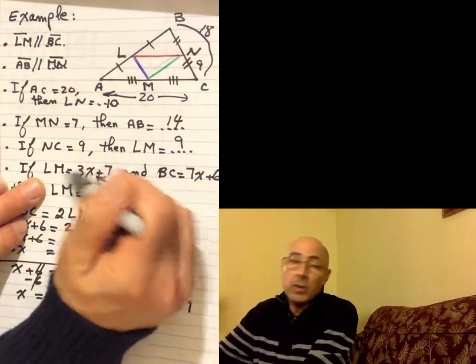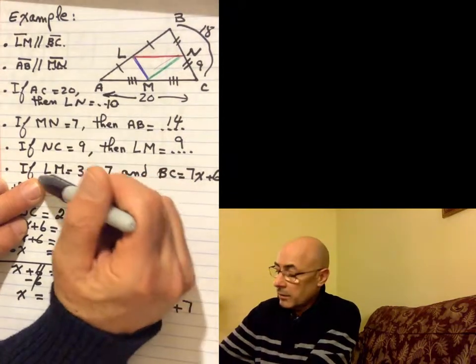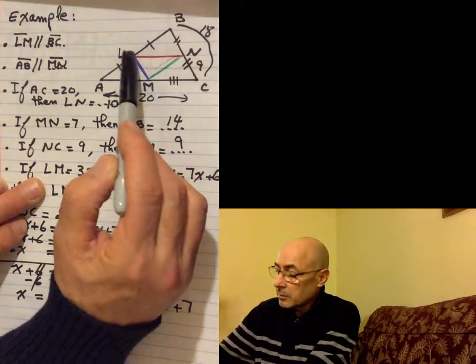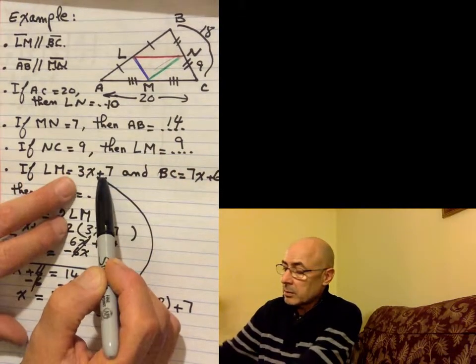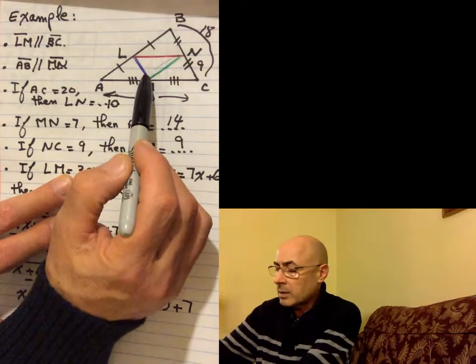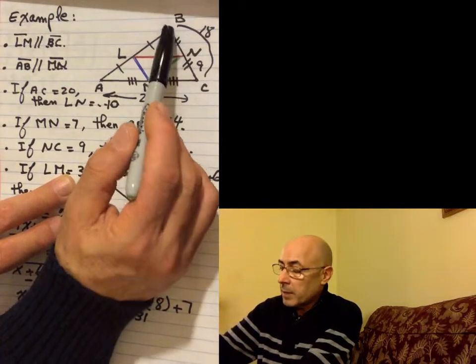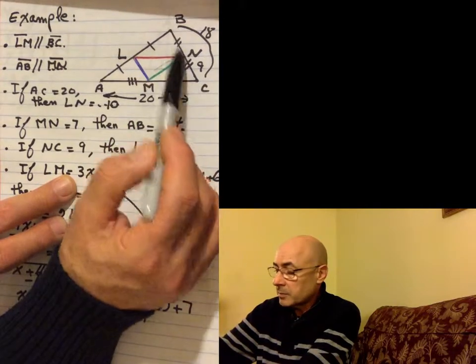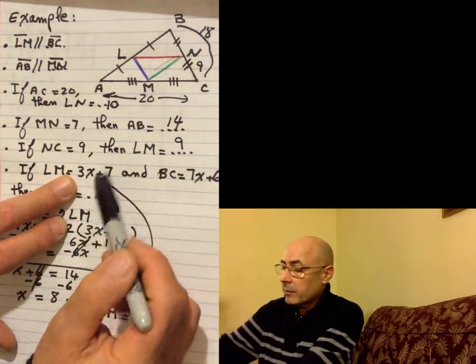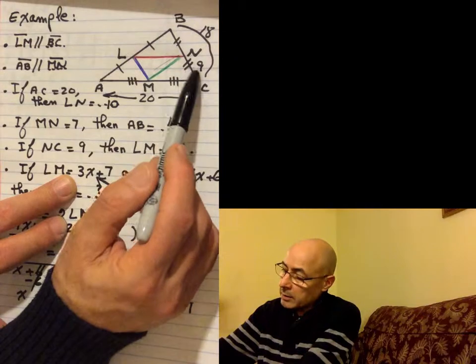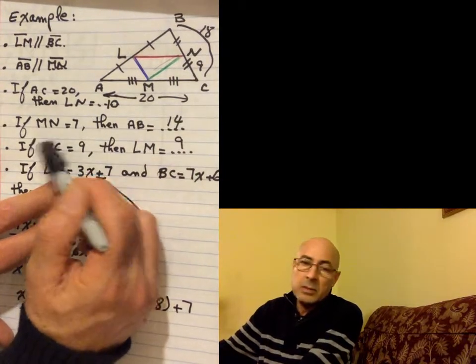Now we're going to do some algebra. If LM is 3x plus 7, what do I know about LM? It's a midsegment, right? So now it's going to be parallel and half of BC. And this time, forget about the 9. This 9 was only for the previous problem.